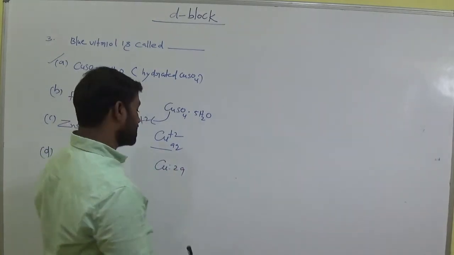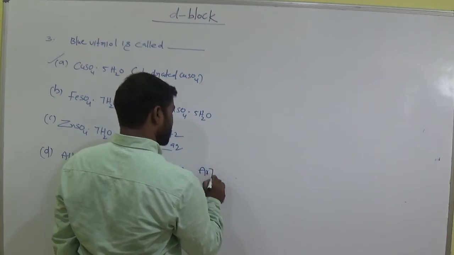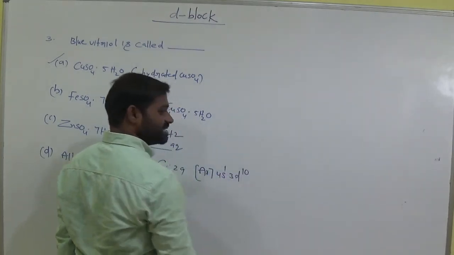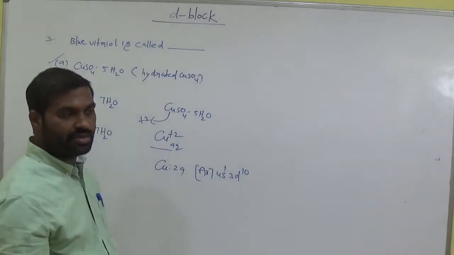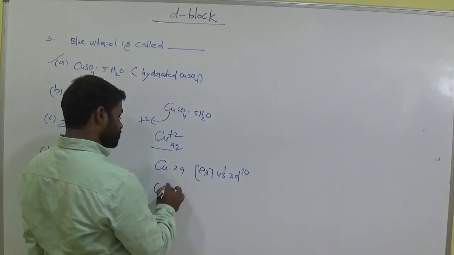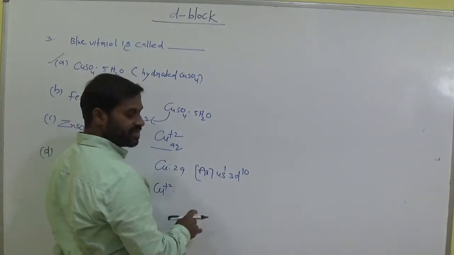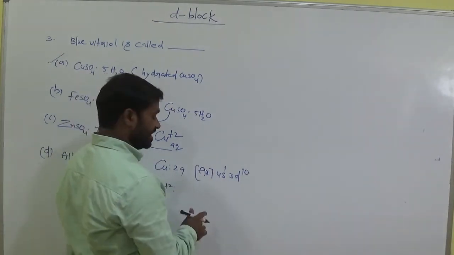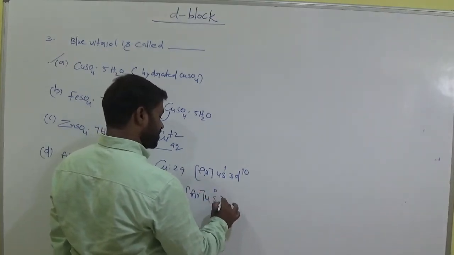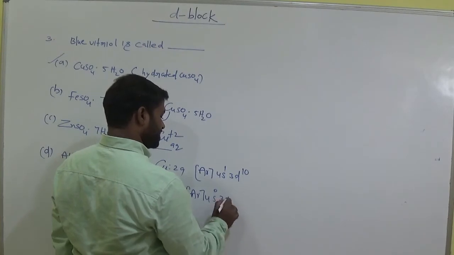Copper has the special electronic configuration 4s1 3d10, as you know very well. Now Cu+2 means you have to remove 2 electrons, one from 4s and another from 3d. So now it is argon 4s0 3d9.